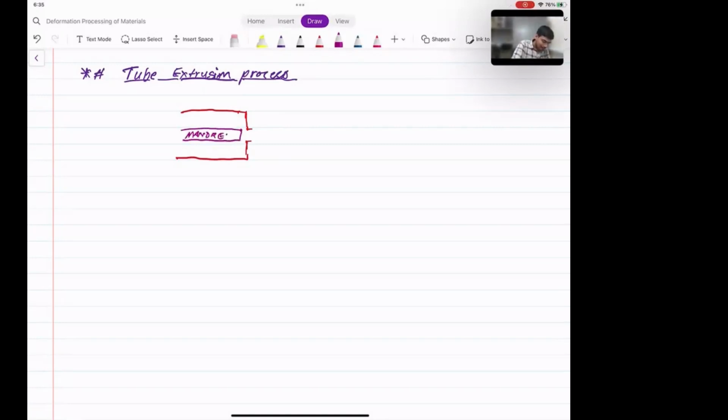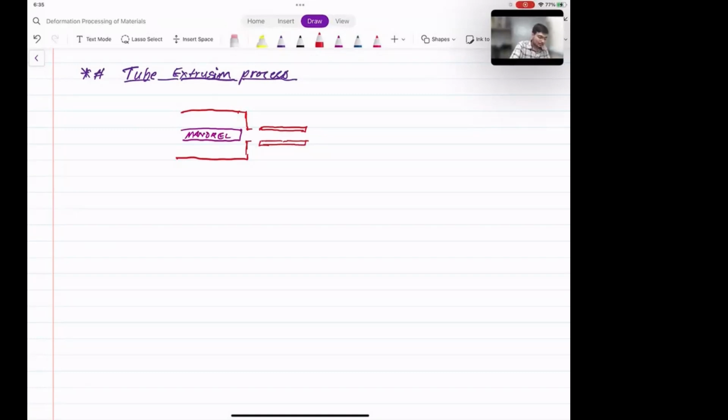Mandrel will be used, and ultimately this will result in a product which would appear like this. So this will be a hollow tube. Okay.